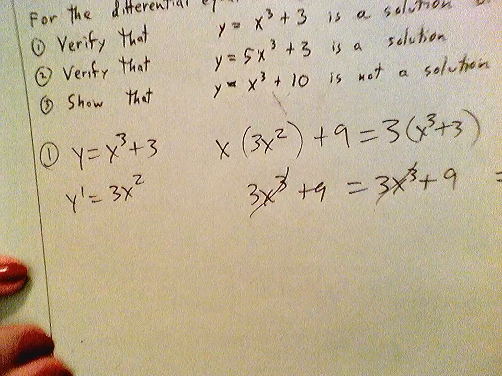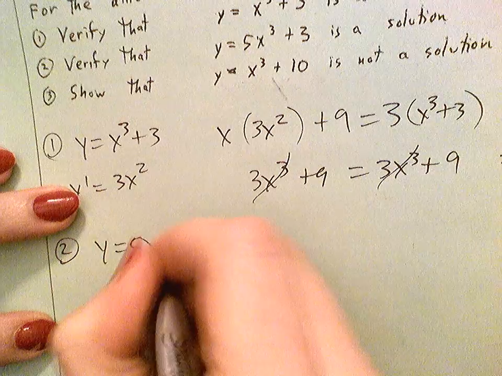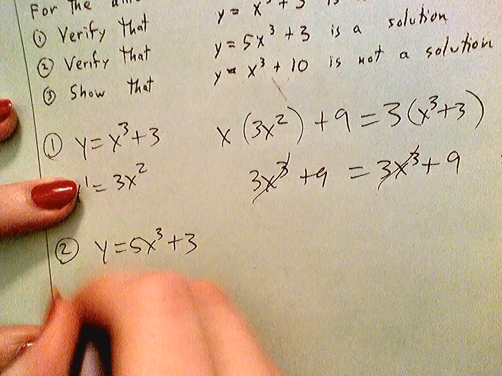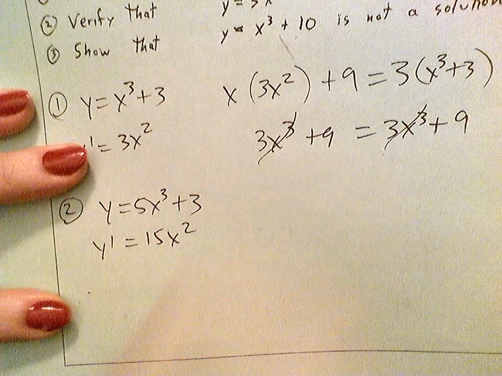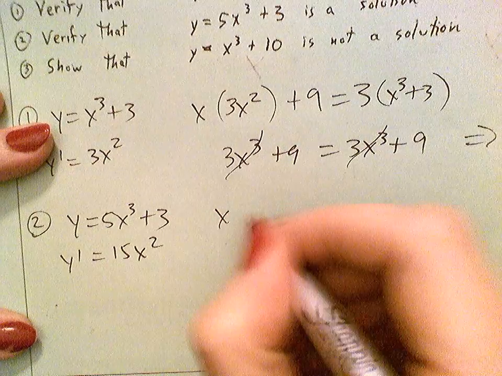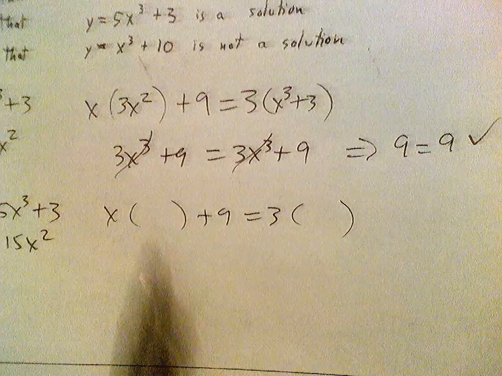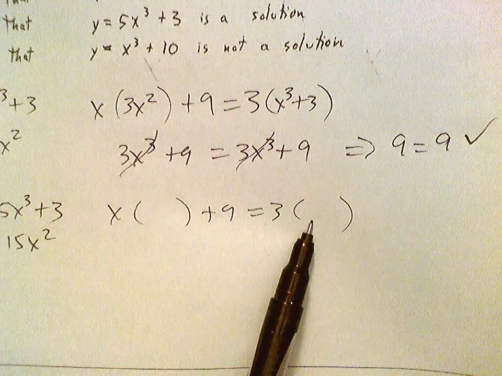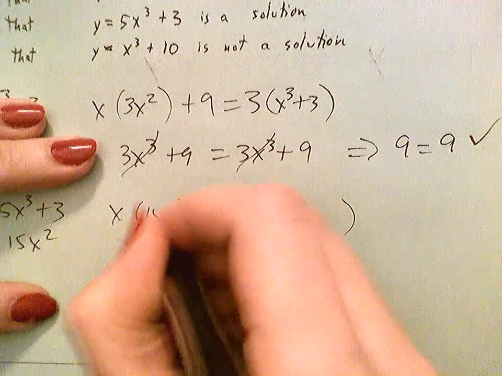All right, let's do it again for number 2. We've got y is equal to 5x to the third plus 3. Y prime is equal to 15x squared. And then I'll take the differential equation. I'll leave blanks where I had dy dx and where I had y. What goes in for dy dx is the derivative, so 15x squared.